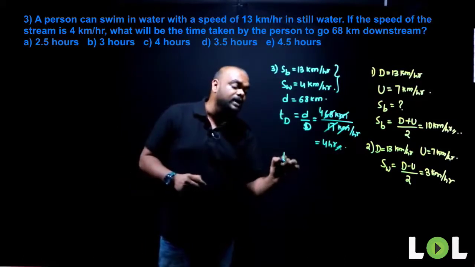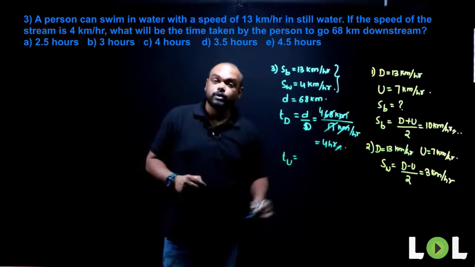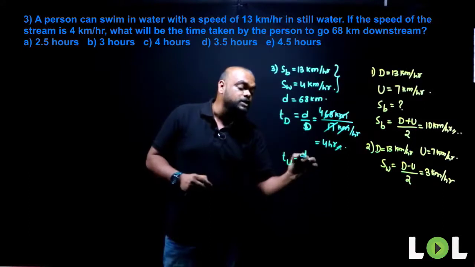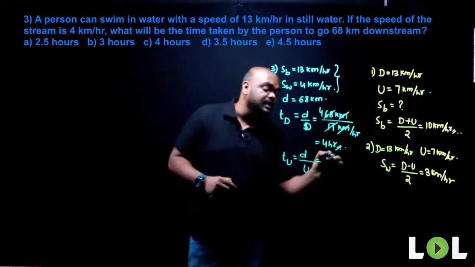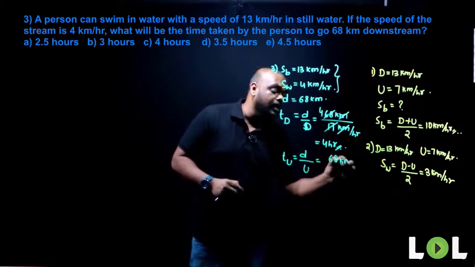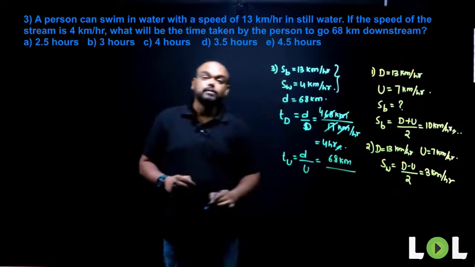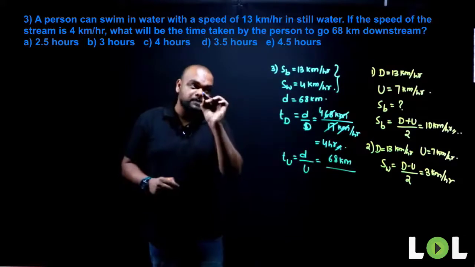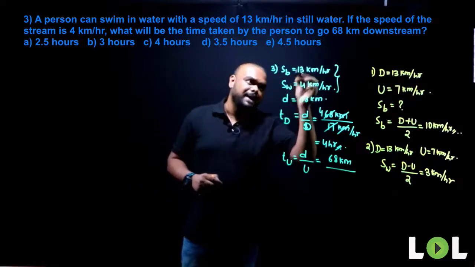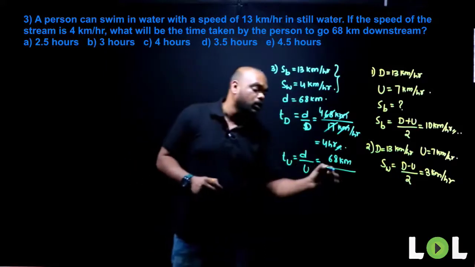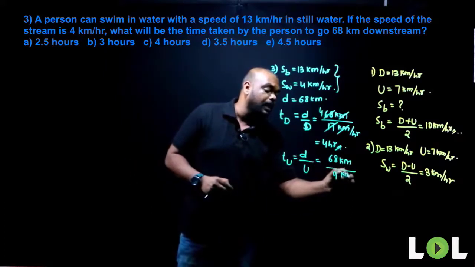Suppose he asks what is the time taken during the upstream, what do we do? Distance by speed. Which speed? We use upstream. What is the distance? 68 kilometer divided by speed. We know upstream speed is SB minus SW, that is 13 minus 4, 9 kilometer per hour.